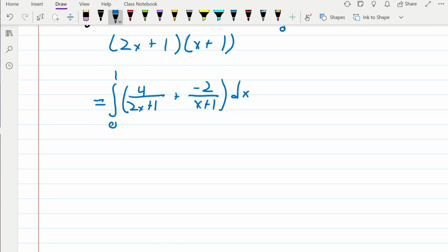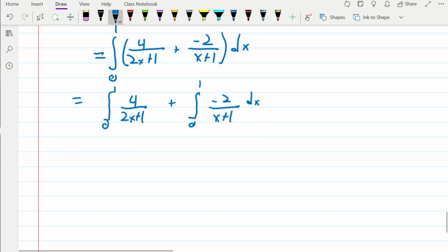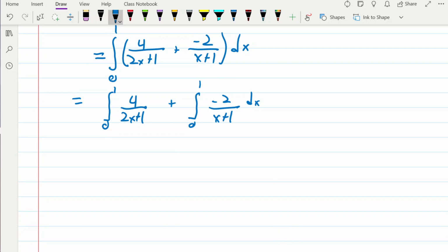All right, so then we're going to split it into two integrals. So we're going to have the integral from 0 to 1 of 4 over 2x plus 1, and then the integral from 0 to 1 of opposite 2 over x plus 1 dx. And then we will just bring the 4 and the 2 out to the front just to make it a little easier to work with. And don't forget the dx's.